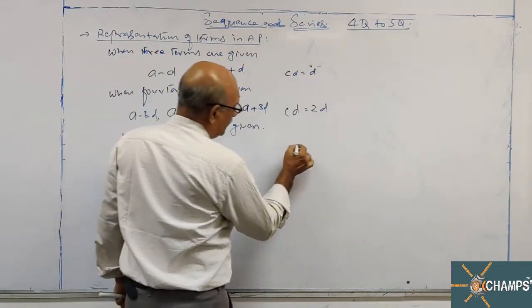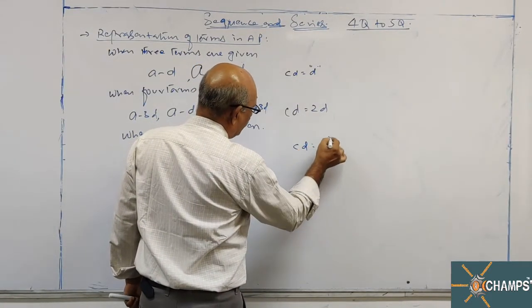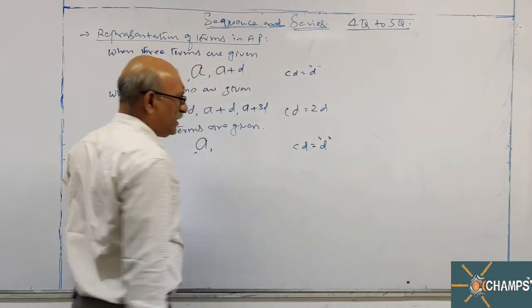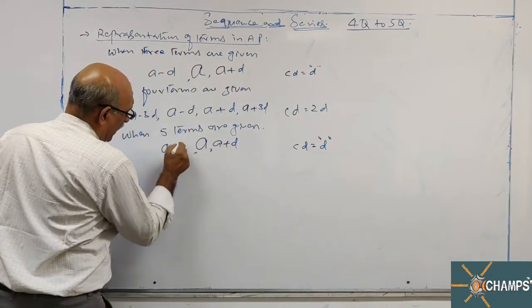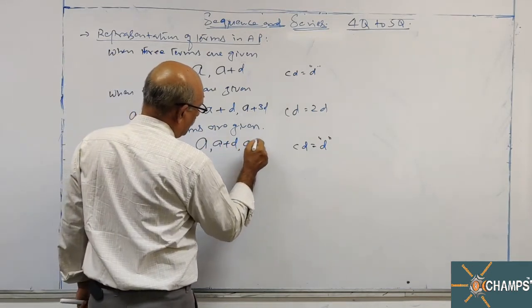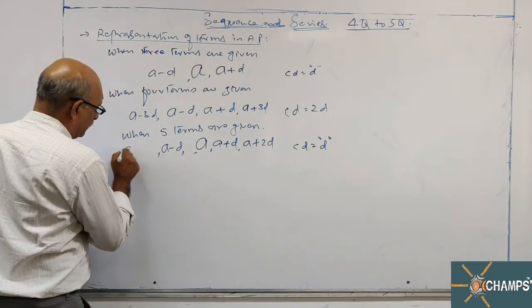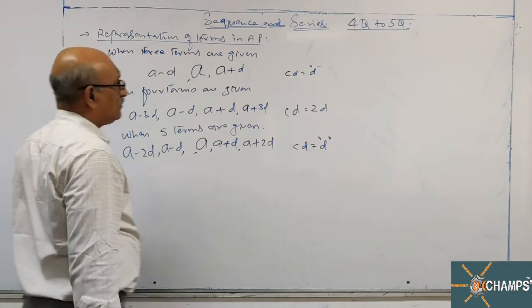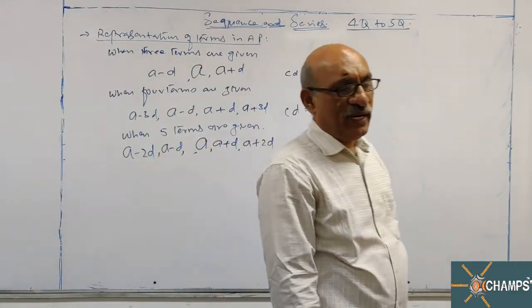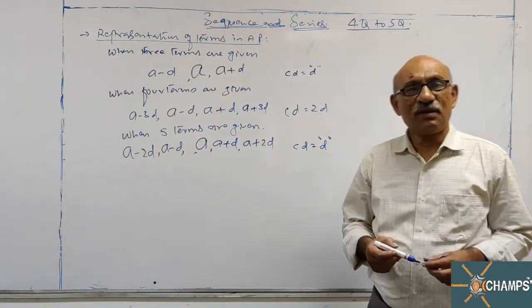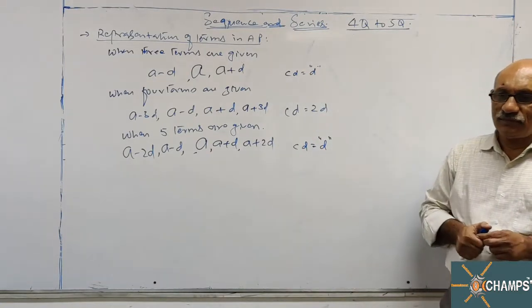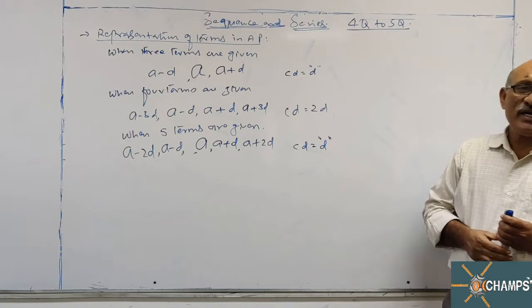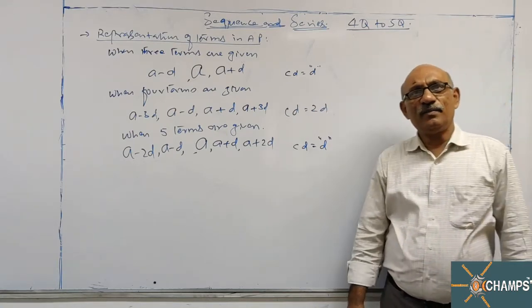I fix the common difference as D. A plus D here, A minus D here, A plus 2D here, A minus 2D here. This way, depending upon whether the number of terms is odd or even, you can proceed. Okay, this is the representation of terms in arithmetic progression.